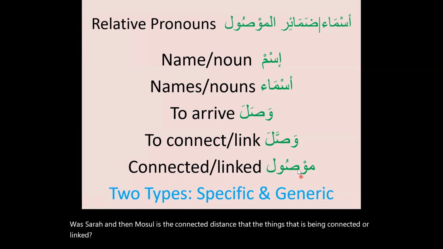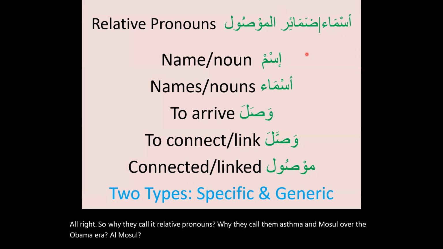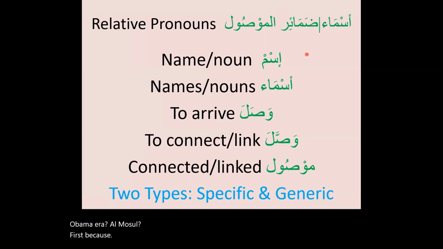All right. So why do they call it relative pronouns? Why do they call them asma al-mawsul? First, because they replace nouns and pronouns. Number two, relative pronouns always relate back to something or to someone.